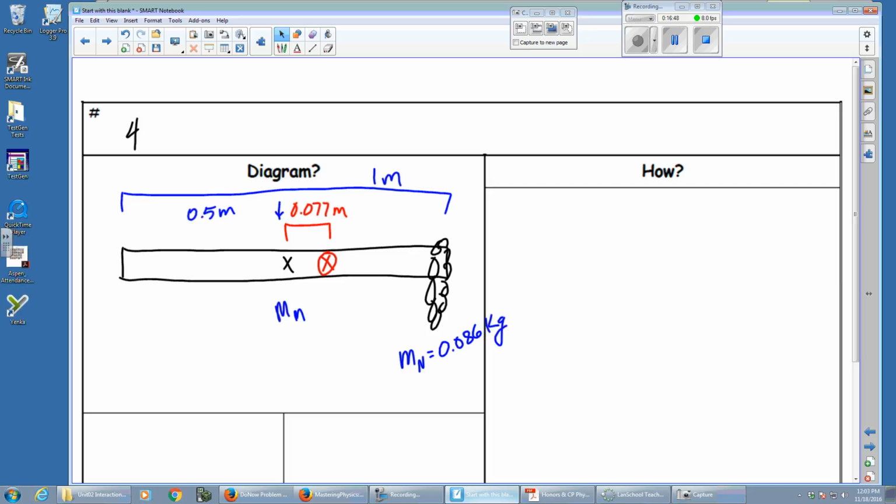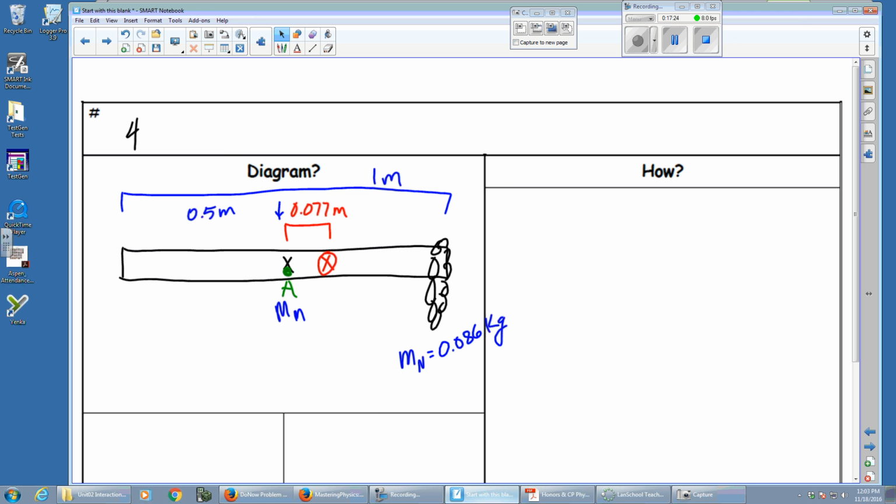But we know the mass of the necklace, so I'm not worried about having too many of those in the equation. What don't we know the mass of? The meter stick. So what if we put our reference point where the center of mass of the meter stick is? That way, we put it someplace where there's something we don't know. So that's where we'll put our reference point A, and that's where all of our lengths are measured from.